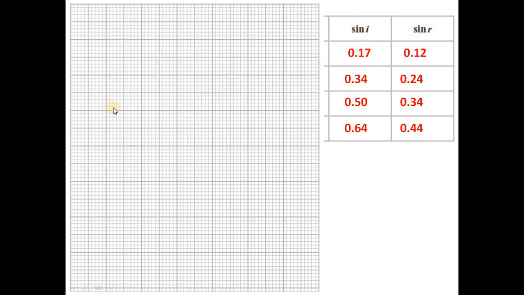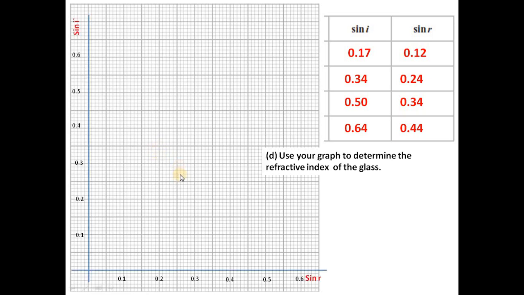Remember, you need to choose a scale. This is, guys, the most important point. You need to choose a suitable scale so you can cover more than 50% of your graph. So be careful about choosing your scale. So sin I on the y-axis, sin r on the x-axis, and I choose 0.1, 0.2, 0.3, and so on.